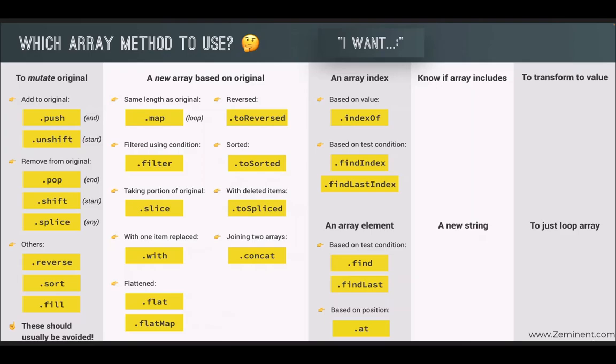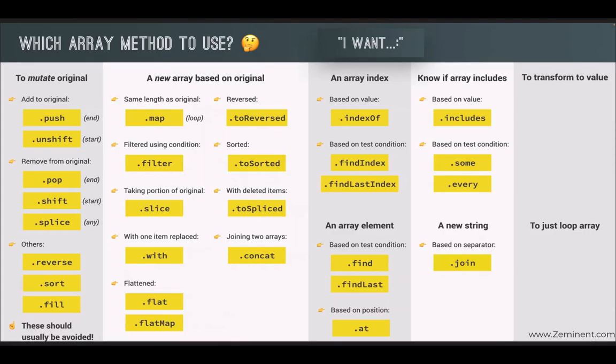Next up, it's pretty helpful to know whether the array includes a certain element or not. And for that, we have includes, some, and every. So with includes, we can simply test whether an array contains a single value, while on the other hand, with some and every, we can specify a test condition based on a callback function.